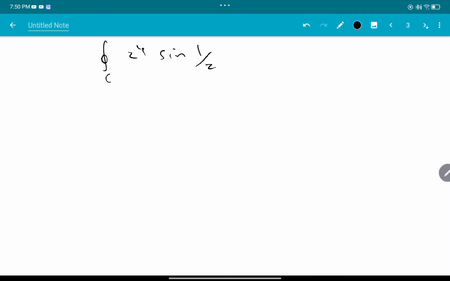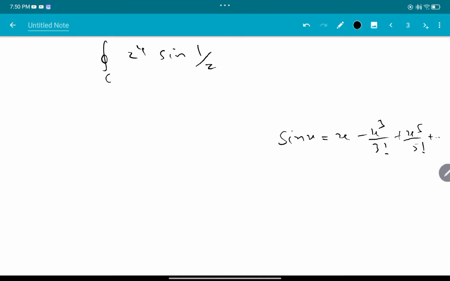That will become clear if you expand this using a Laurent series expansion. You know the formula for sin x: x minus x cubed by 3 factorial plus x^5 by 5 factorial, and so on.